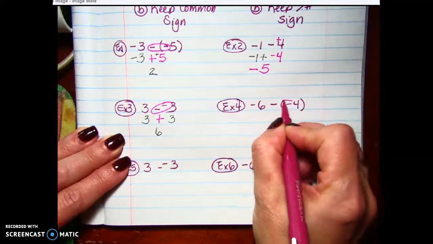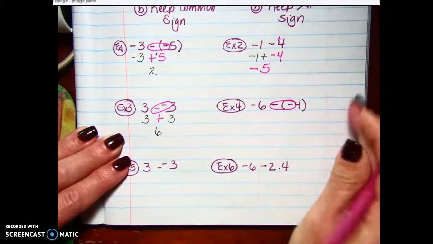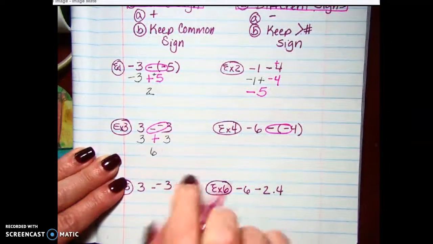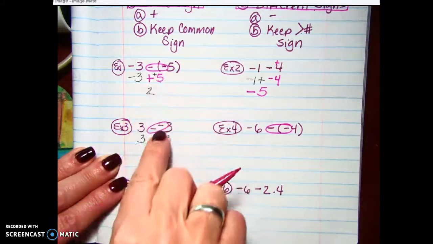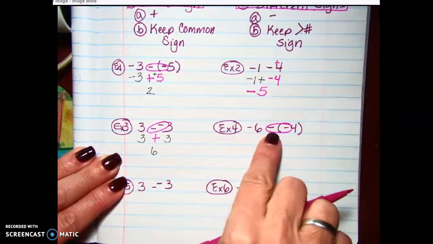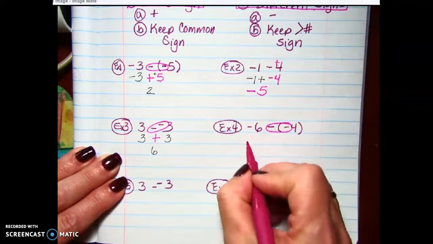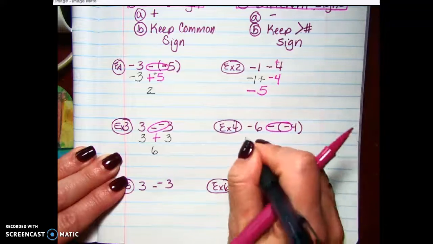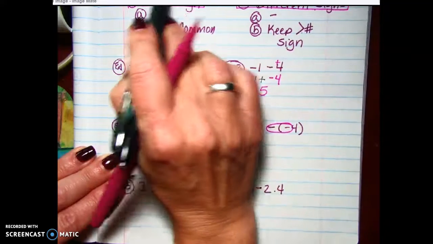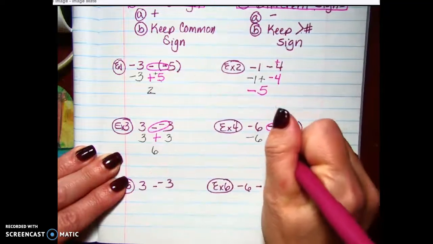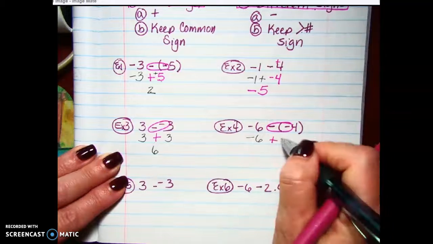Example 4. So again, now remember, this has a parenthesis, this doesn't. It's okay. It still means that they're right next to each other. So I keep my first number. Two negatives is a positive, and then I bring down the 4.